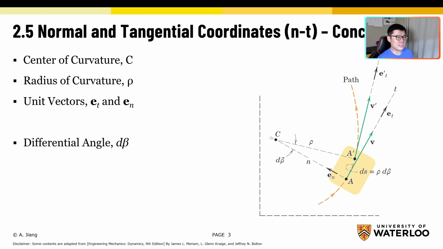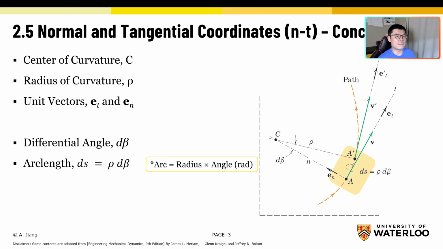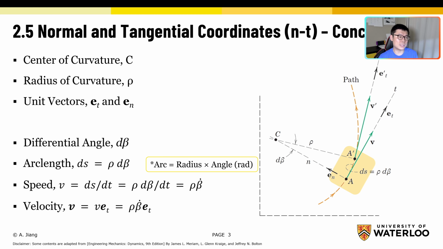For any 2 points on the path, say A to A prime, our object's location change can be represented by a very small angle change, d beta. Knowing the radius of curvature is ρ, we can calculate the arc length, which describes the path from A to A prime, ρ times d beta. We're moving along the path, so the speed we're observing is along the path, which is the tangential direction, vt.